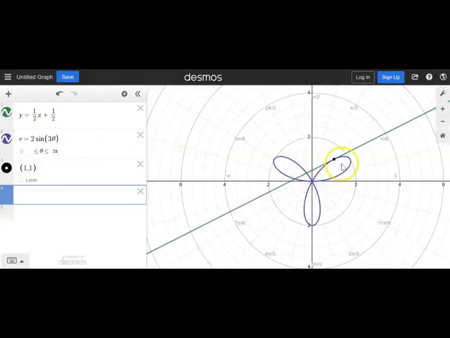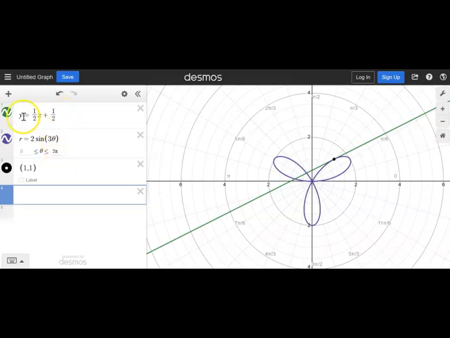Back here in Desmos, you see we have our 3 petal rose. We have our tangent line at the point 1, 1 for our curve, right? So that's what this would look like. And that's nice and everything to have this, but it's kind of conflicting, right?